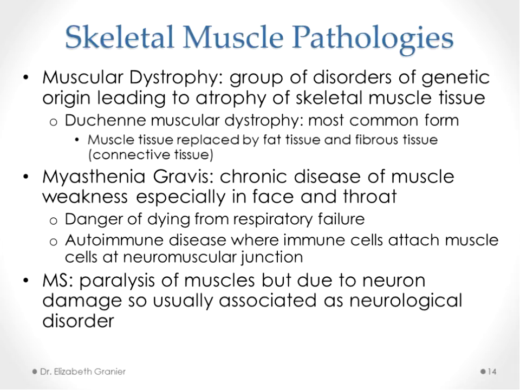Myasthenia gravis is another type of muscle weakness, in your face and your throat, and it's really bad if it gets into your diaphragm and your intercostals, because now you can't move and generate pressure changes in the lungs. Right? It's an autoimmune disease, and it attacks muscle cells where the neuron speaks to them.